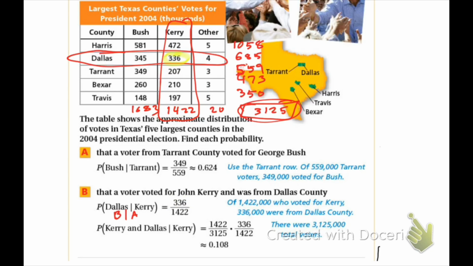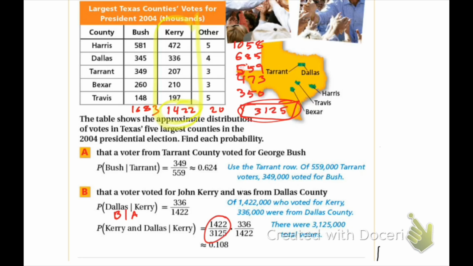After we do that, let's calculate the probability that anybody voted for John Kerry. For that one, out of all the voters, we take the John Kerry portion, that 1422, out of the total voters, and calculate that probability.